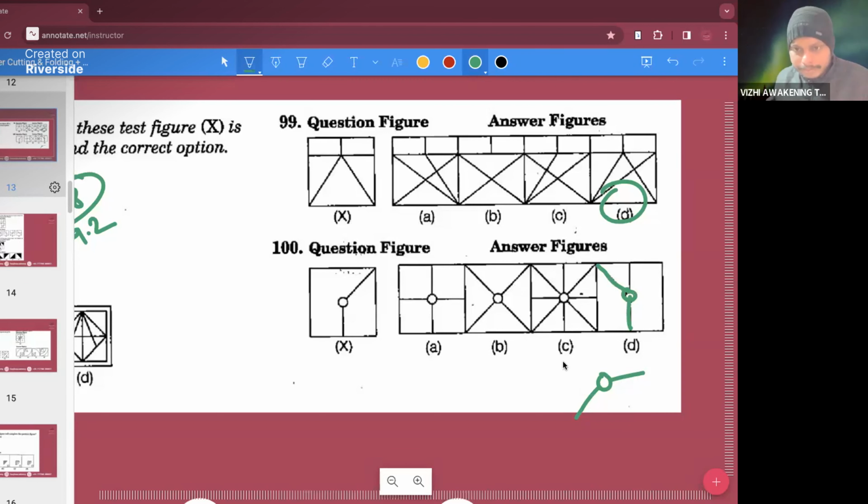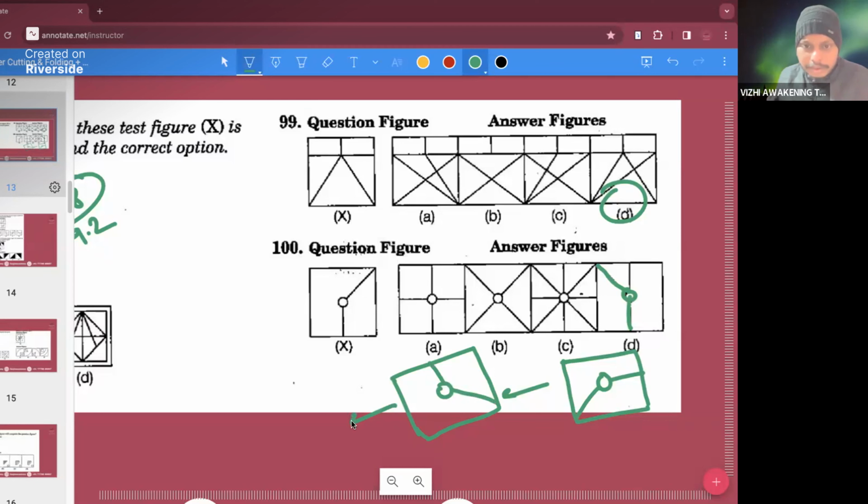Let me put it in the box. This is your one rotation. Another rotation, just for the sake of understanding, I'm telling you. This is your another rotation, wherein it is like this and it is like this.